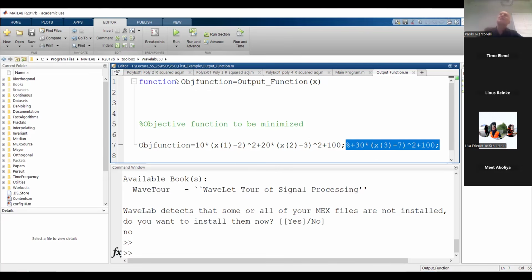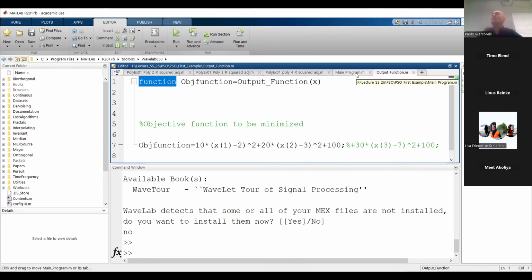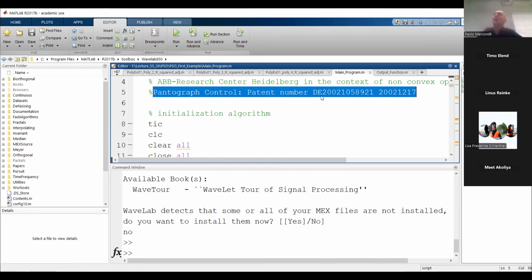This means it's not the main program. In programming, the function must be called by another program, which we call the main program. Okay, let me go ahead.